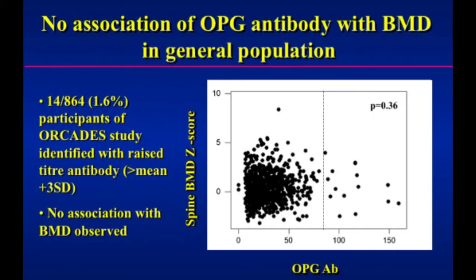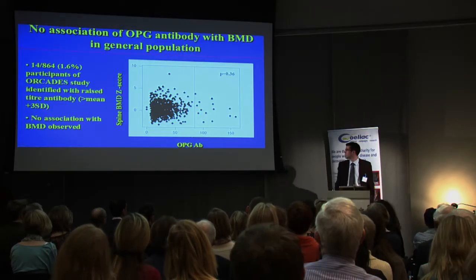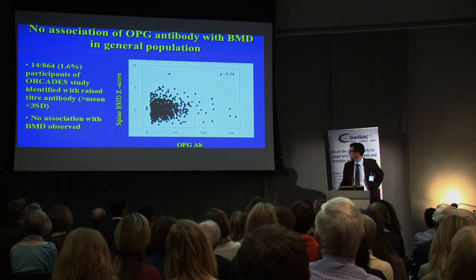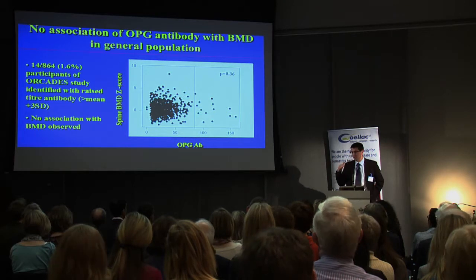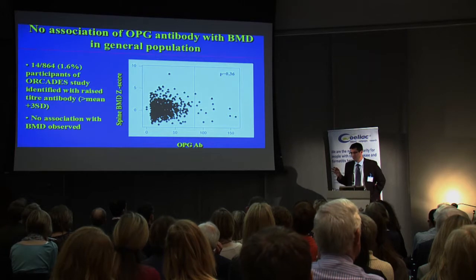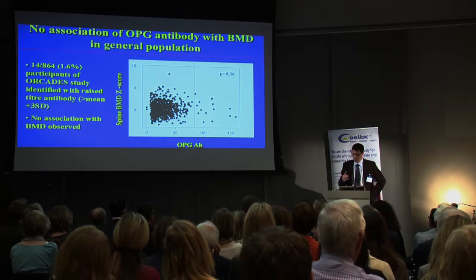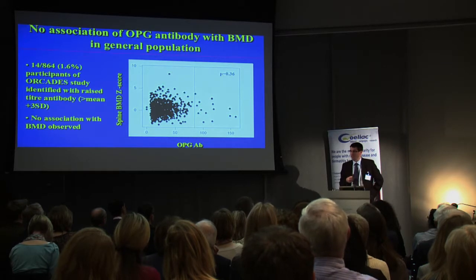So these begin to be positive. Our index case is probably over there on the wall. So these are still all relatively low levels of antibody. And in this general population, we couldn't get any association between those low levels of antibody and bone mineral density. So lesson 1, don't go testing random populations for autoantibodies.